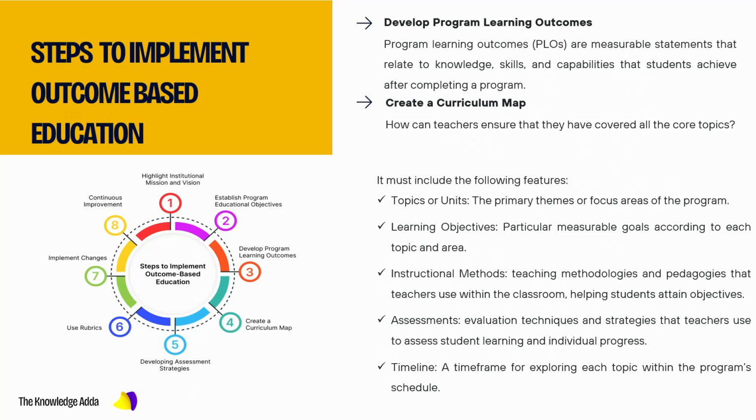Now, the next important thing, that is the fourth one, create curriculum map. So according to outcome-based education, the curriculum should be mapped and should be created. So basically the curriculum should include topics or units, what is the learning objective of that particular course, what are the instructional methods, which type of assessment, and what is the timeline, meaning a time frame for exploring each topic within the program schedule.